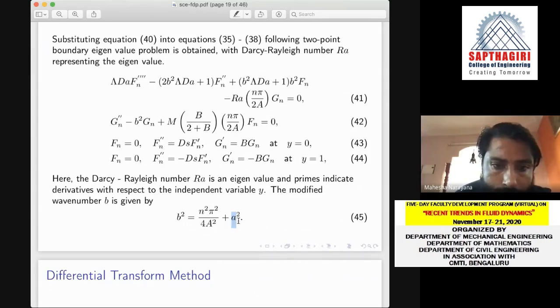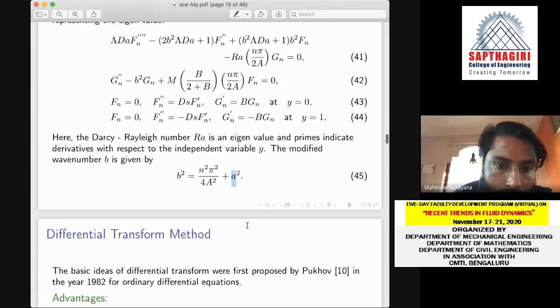And Barletta and Storesletten have studied the effect of the longitudinal wave number, and they concluded that the instabilities occur due to the longitudinal disturbances if the length of the enclosure in the z direction is sufficiently small.